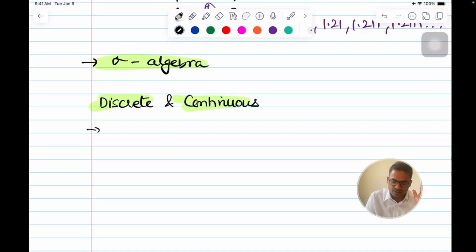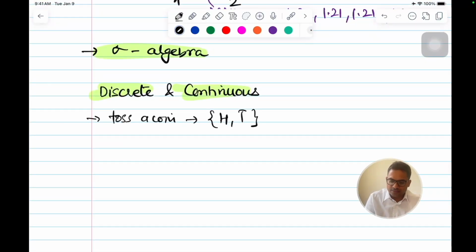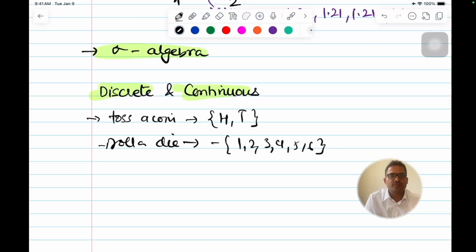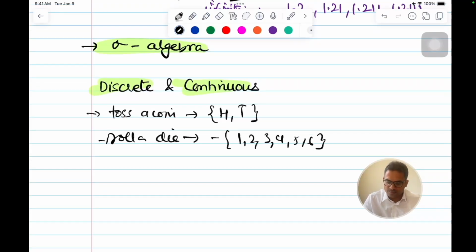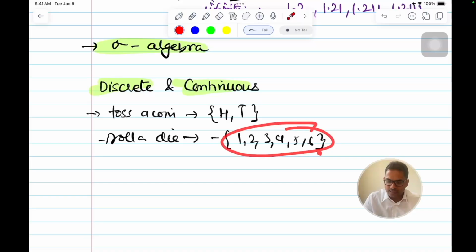For example, when I toss a coin, there are only two possible outcomes, head or tail. So this is discrete. If I roll a die, I can have only 1, 2, 3, 4, 5, 6. These are the only possible outcomes, so this is discrete.